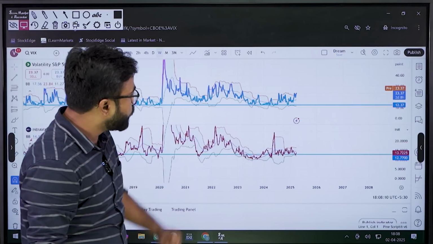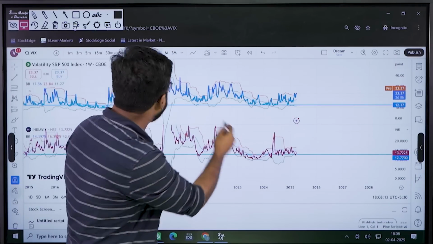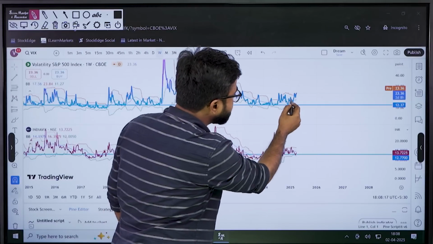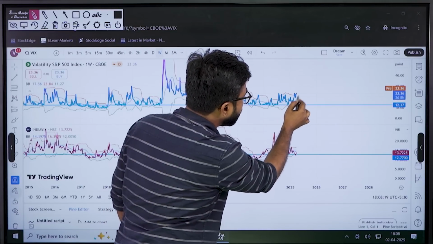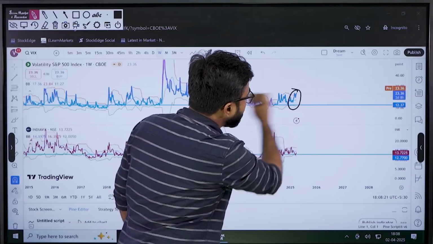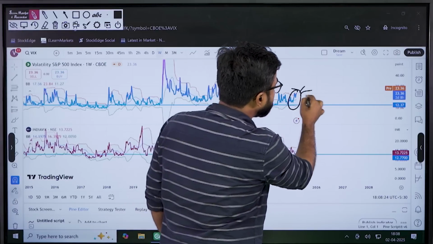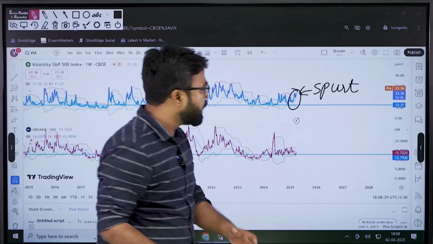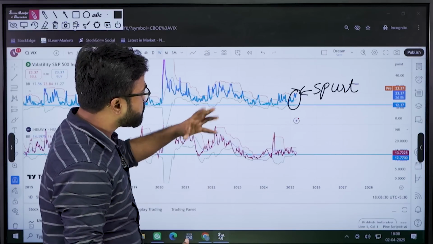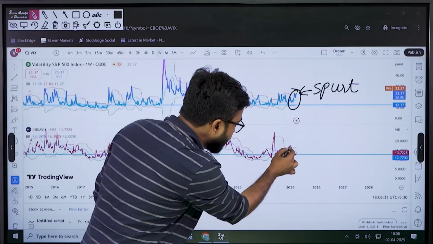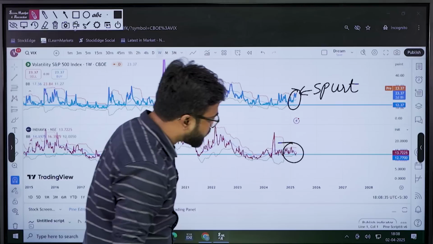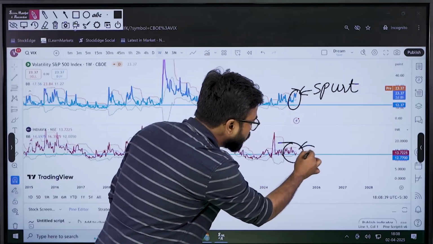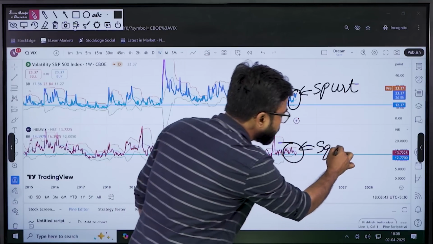On this weekly chart, you see that US VIX has given a breakout from this Bollinger Band, and it is in a spart, or you can say the initial moment of the spart pattern. On the other hand, if you look at India VIX, again on the weekly chart, it is in squeeze mode, right?